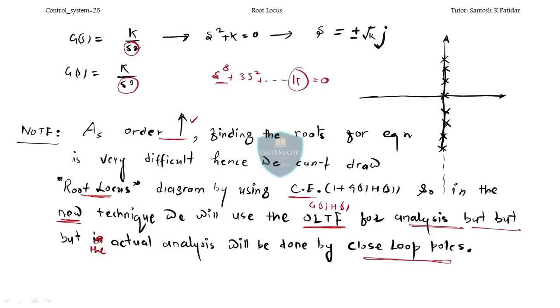So the same thing is here also. For the analysis of root locus, we will consider the open loop transfer function only, but in actual the analysis will be done for the closed loop poles or the closed loop system. Now mathematically we'll see how it is possible. So let's come over here. There should be a relation between the open loop transfer function and the closed loop transfer function.